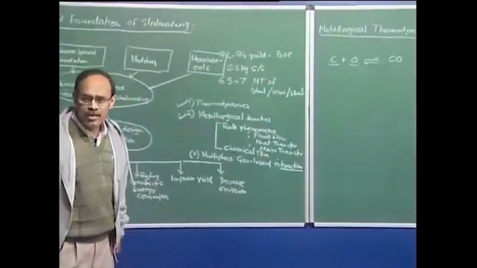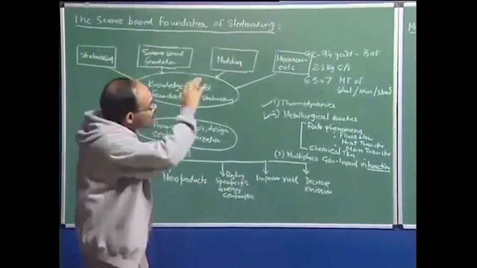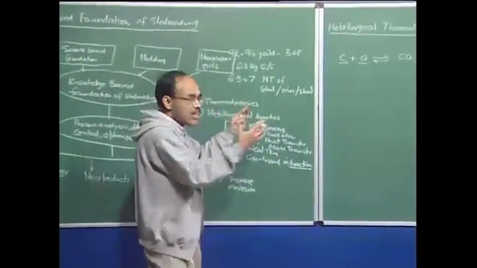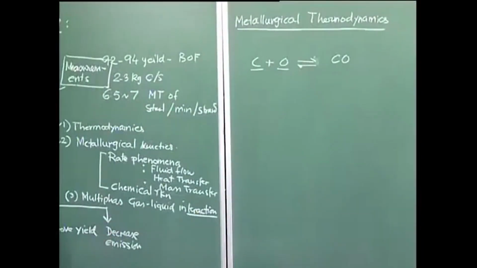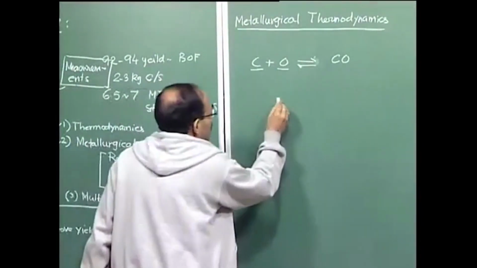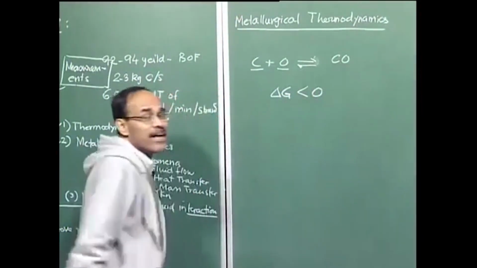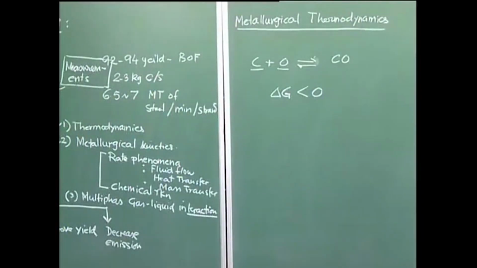Now, what is the condition for a process to go from the left, or a reactant to be converted into a product? In terms of a generalized statement for a system, we can say that the free energy change is going to be less than 0 for the reaction.